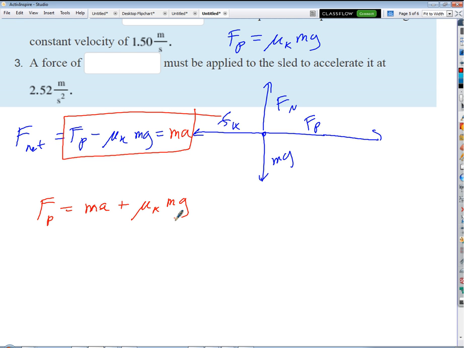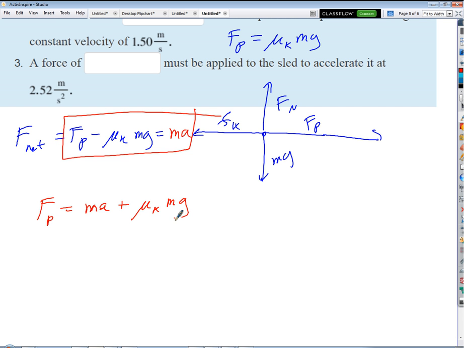Does that make sense? So I've really got the answer to part 2 plus the extra force required to make it accelerate. I've got a certain amount of force essentially required just to overcome the friction, and then an extra amount of force required to accelerate the thing on top of that.